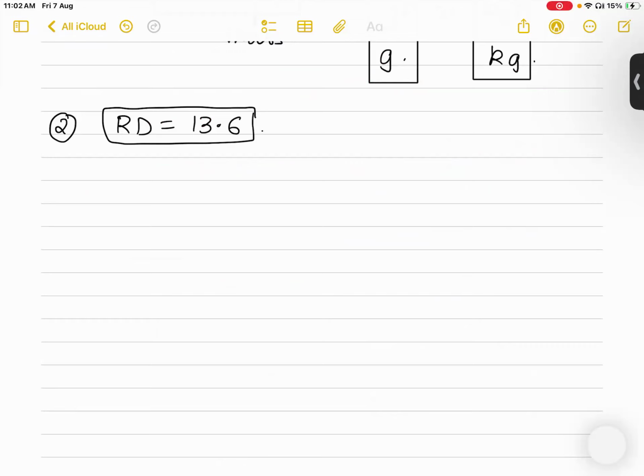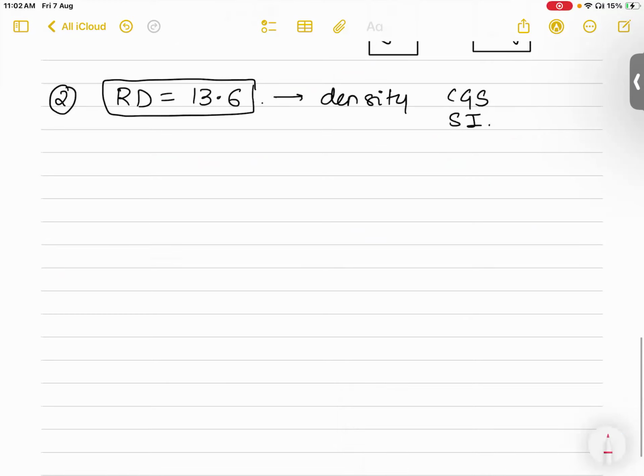I need to express this density, students, in terms of its CGS and in terms of its SI unit. So first from relative density, I'll calculate my density. I know that RD is density of substance upon density of water. 13.6 is equal to ds as it is.